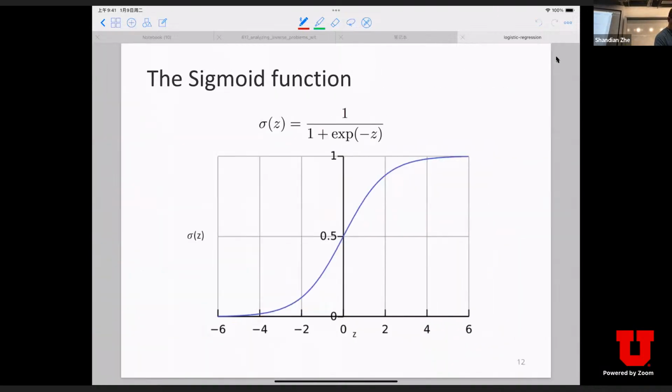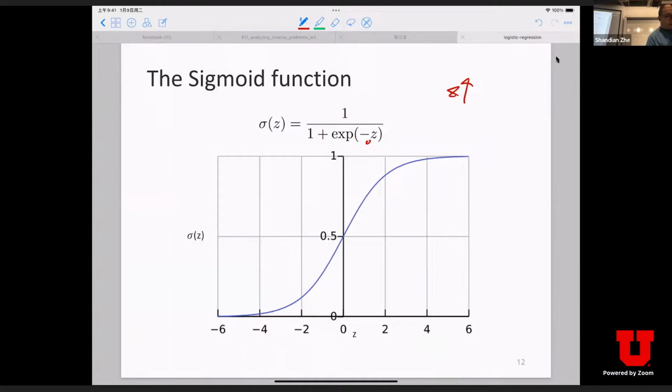Great. Here is the curve of a sigmoid function, to give us a more concrete sense of how the sigmoid function behaves with varying input. When Z equals 0, if you substitute 0 for Z into the sigmoid function, the output is 0.5. When Z gets bigger and bigger, the sigmoid function gets closer and closer to 1.